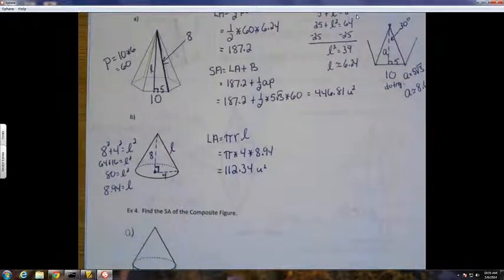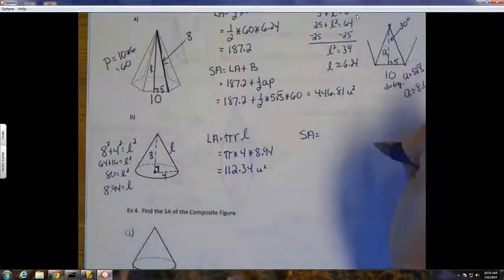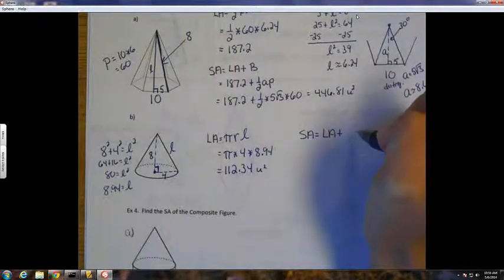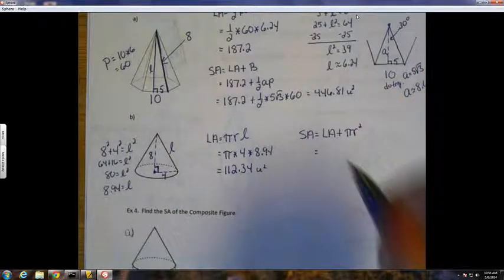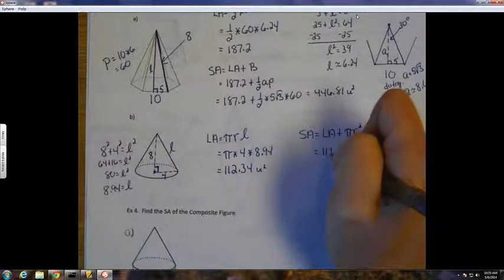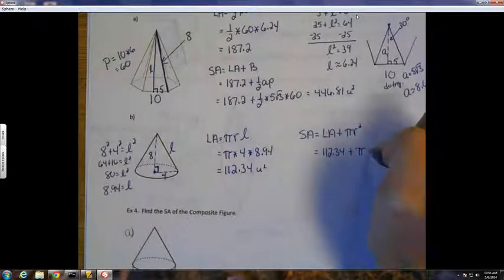Okay, and now surface area. We got the LA plus, my card says, add on that circle base. Okay, we got the 112.34 that we already calculated, plus pi, radius is still 4.